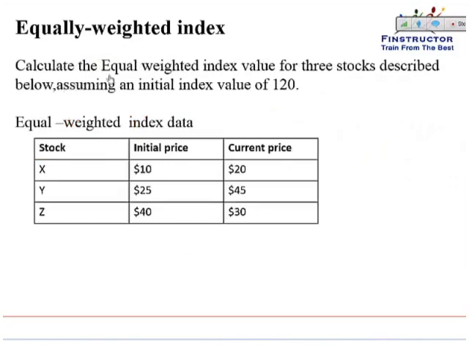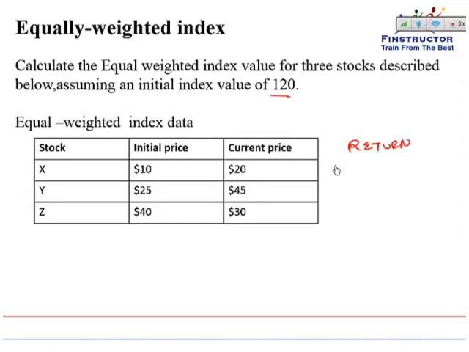So calculate the equal weighted index value for the 3 stocks described below, assuming an initial index value of $120. So to begin with, the index value is $120. The 3 stocks are given, the initial price is given, and the current price is given. We are asked to compute the index value at the end of the period. So let's first calculate the return of each of these individual stocks.